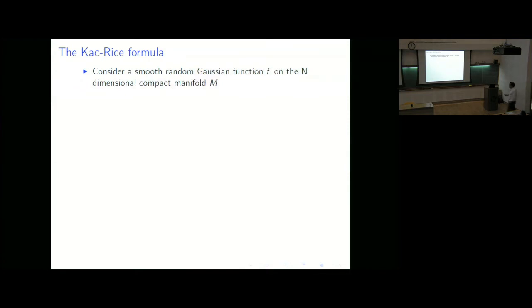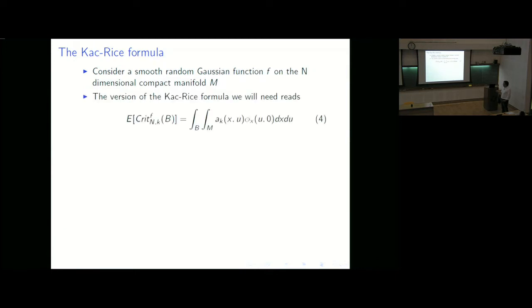So consider a smooth random function, f. Think of our loss function, our risk function, or if you want to think of a simple geometric example, think of this random polynomial on an n-dimensional, say, compact manifold. You can do that on non-compact too. The version of the Kac-Rice formula we'll need now is the expectation of the number of critical points of my function f with index k, remember, with values in B. B is a subset of the real line.